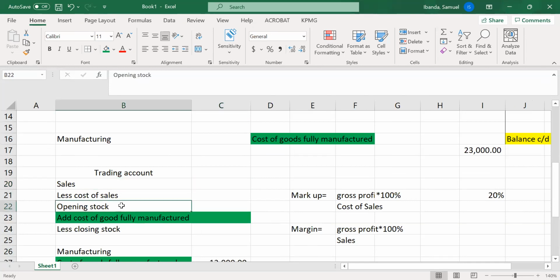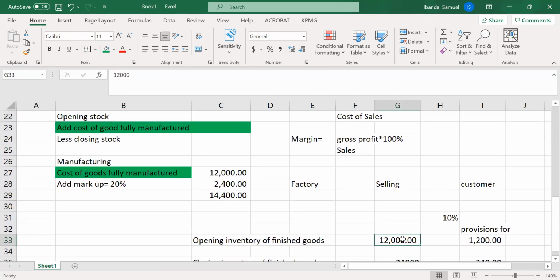Your opening inventory here of finished goods will also have a markup. So if for example it was for this, you'll not see the 12,000 anymore. You'll see the 12,000 plus the 1,200.